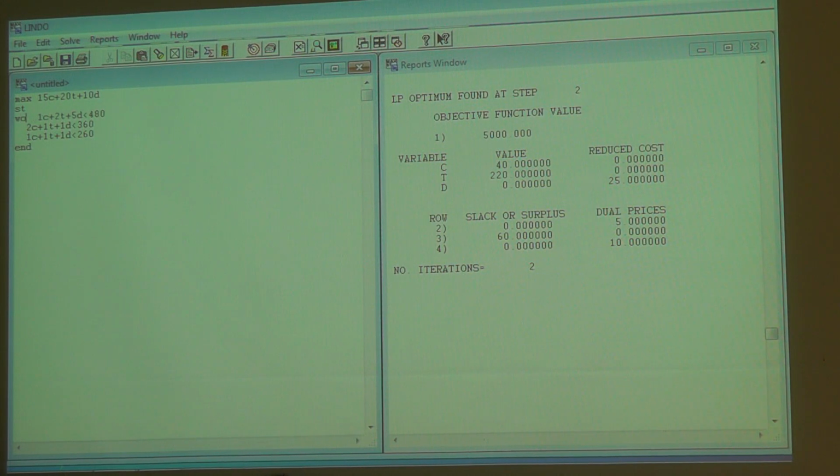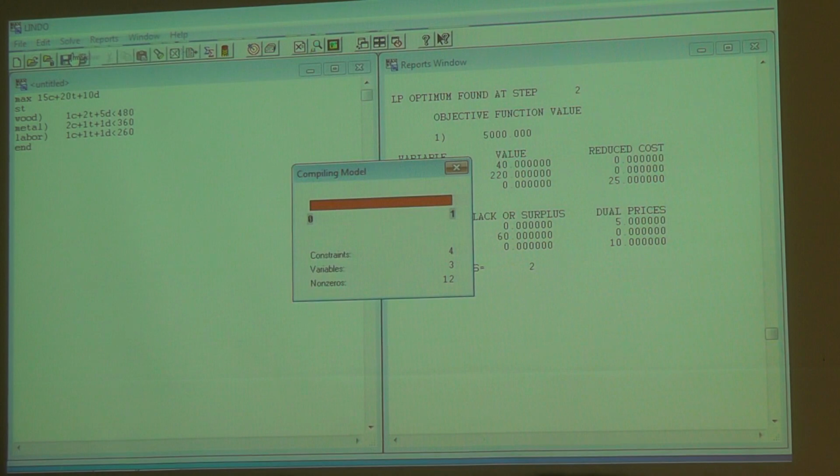So let's call this constraint the wood constraint. The syntax is you type the name and then a closing bracket. The second one was about metal. And the last one was about labor. So I just gave names to the constraints.